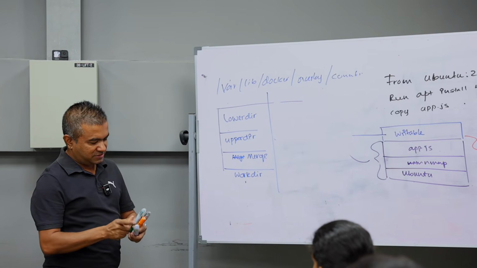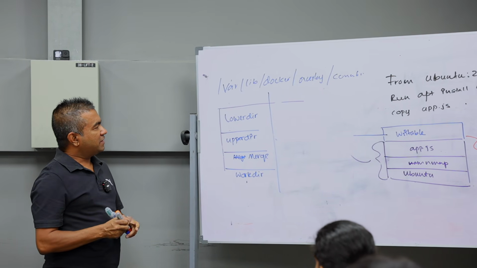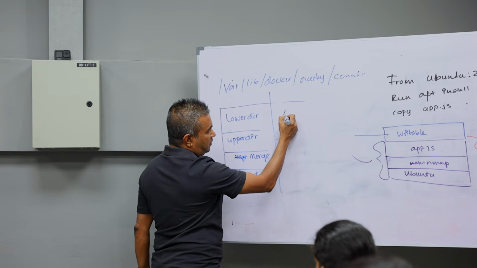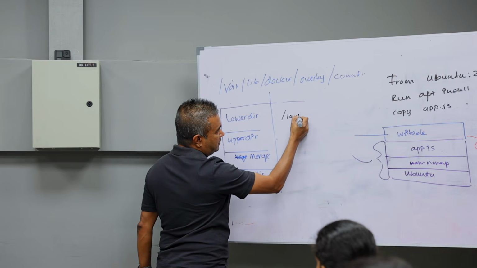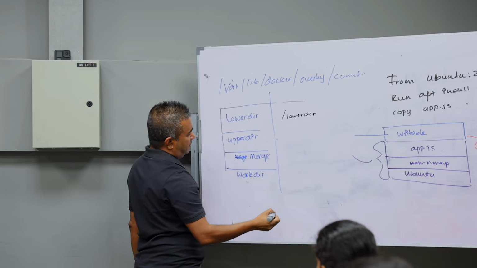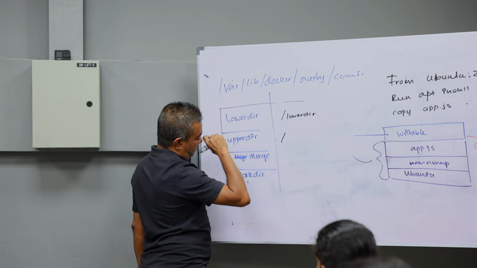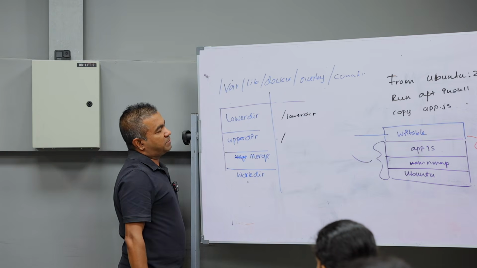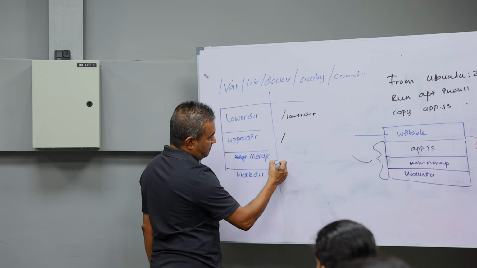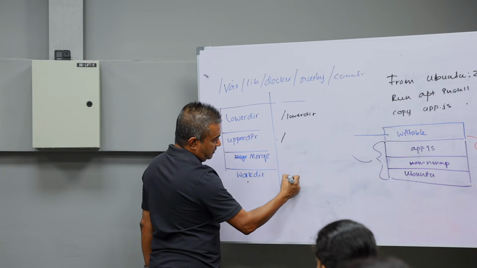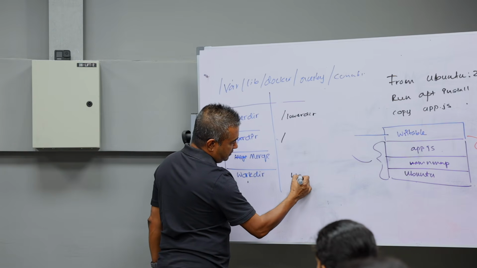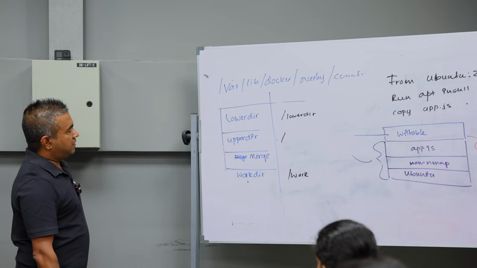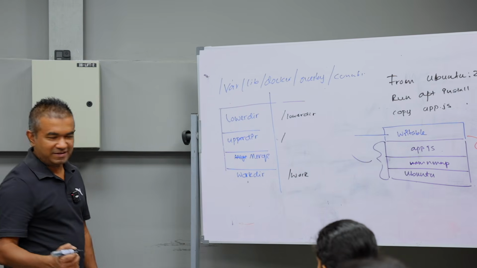In this location, for the lower directory you have a file called lower dir. For the upper directory it's not upper dir, I'll check what it is. And for the work you have a work directory. I don't remember the other two.